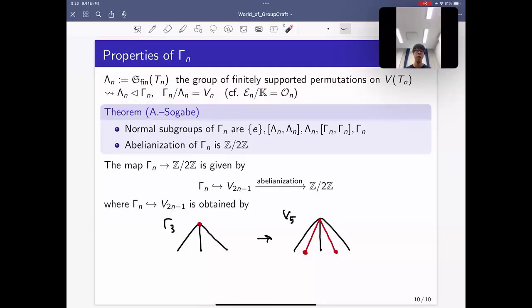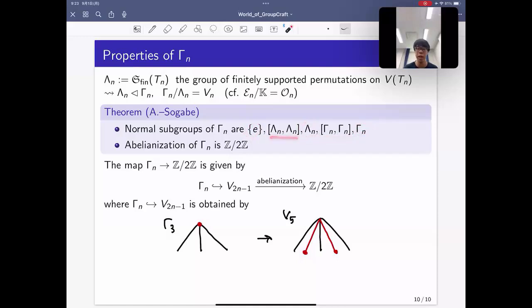Okay, and our main result shows the structure of normal subgroups of this group and the abelianization of this group. First, the normal subgroups of gamma are as follows: the trivial one, the commutator subgroup of gamma n, and this nice normal subgroup.